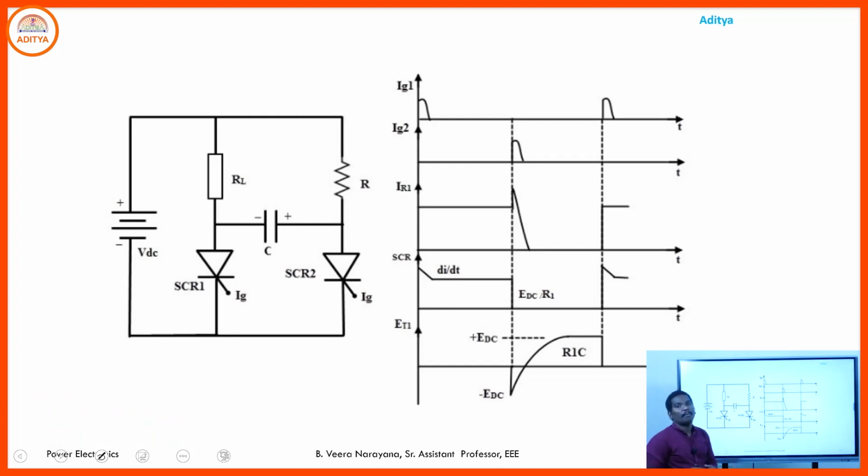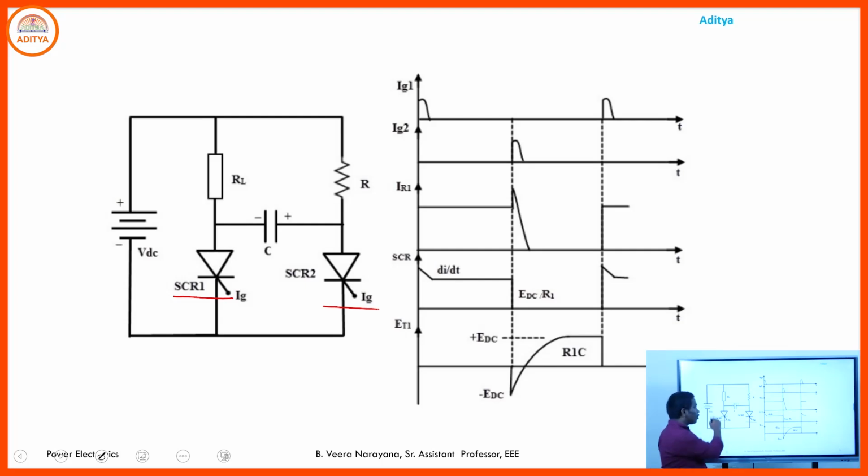In class C commutation, we use an external SCR to commutate the main SCR. Here SCR1 is the main SCR and SCR2 is the complementary SCR, which is used to turn off the first SCR.